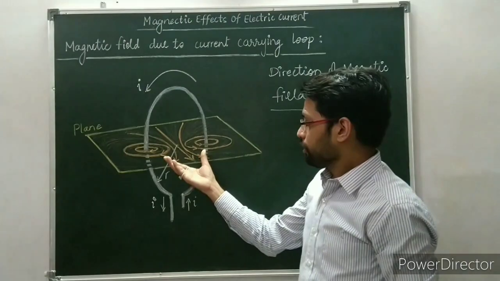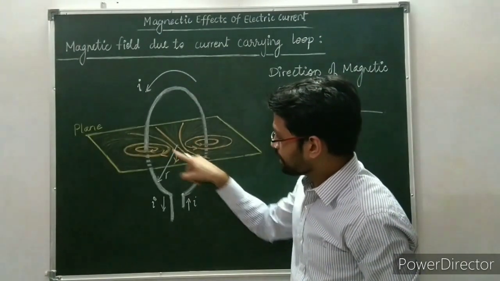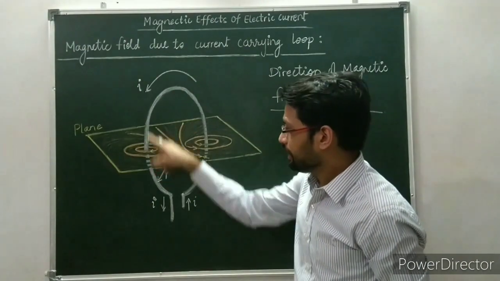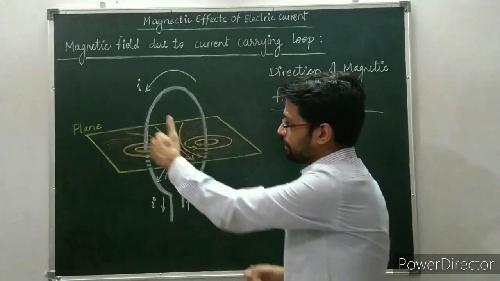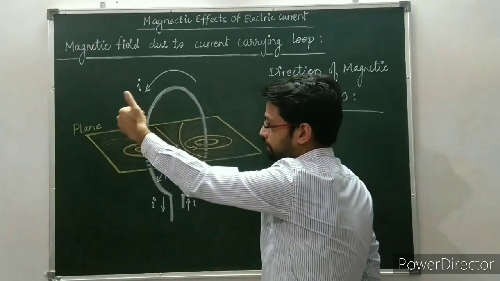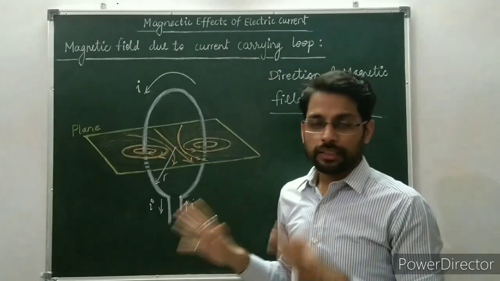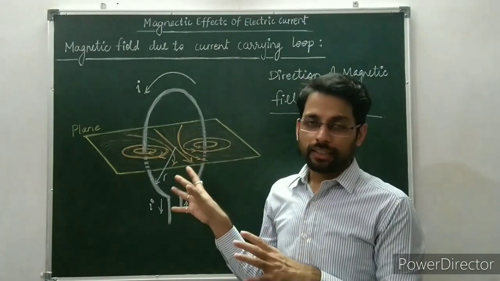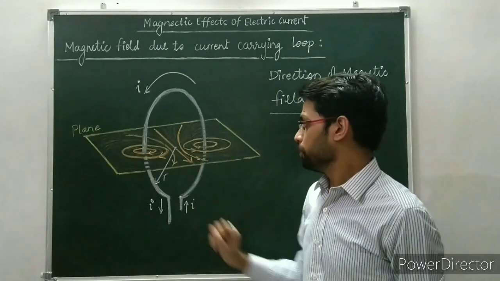You can see that the magnetic field lines are supporting each other in the loop, and both are directed in the same direction. So this is about the magnetic field lines produced by a current carrying loop.